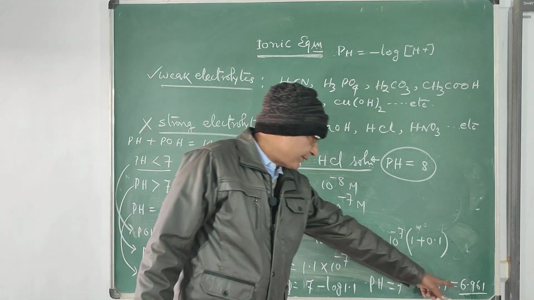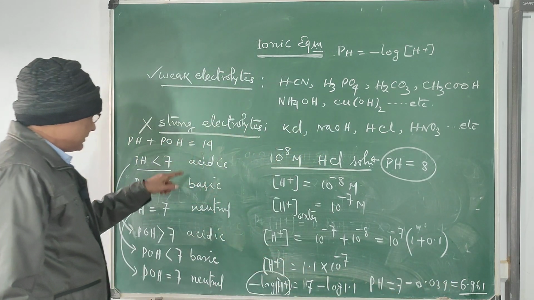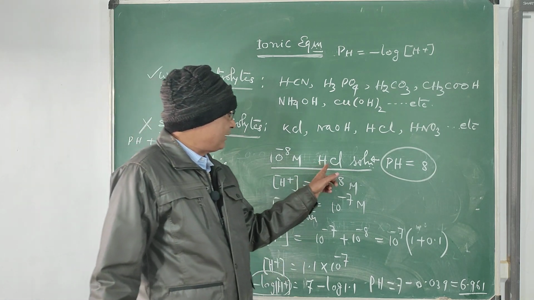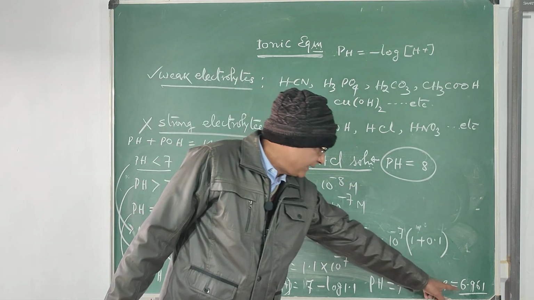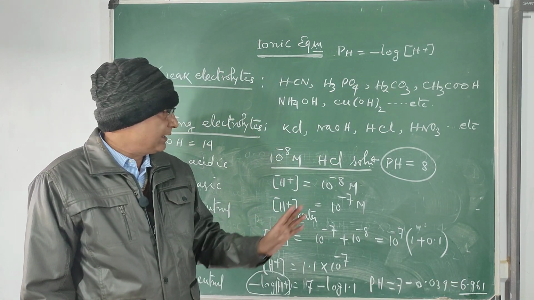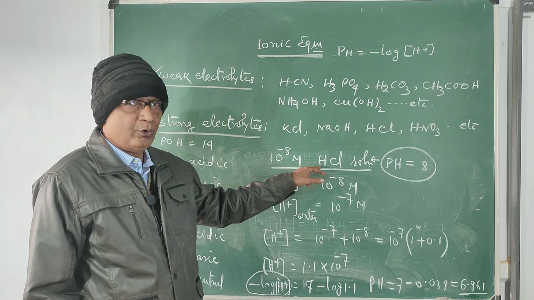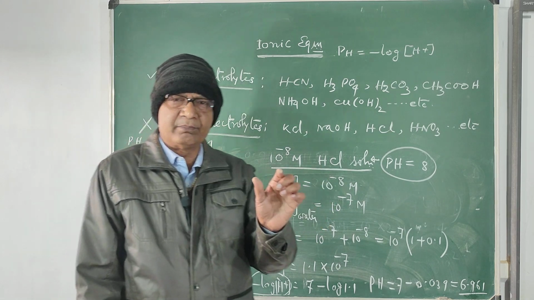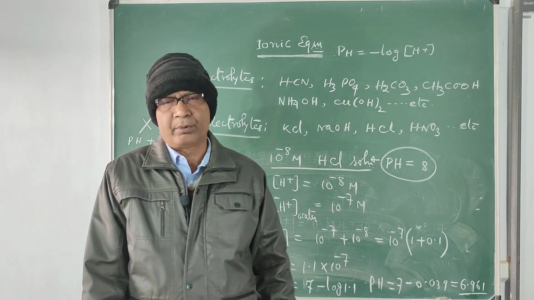Now see, it satisfies our condition, that is, less than 7. So the pH of such a dilute solution of hydrochloric acid will be 6.961. Now it is clear that in the case of a very dilute solution, you will consider the hydrogen ion concentration of water. This must be done in order to solve the problems.